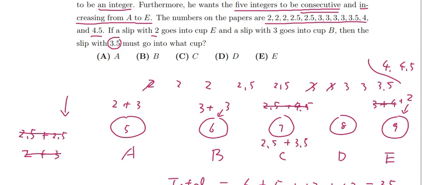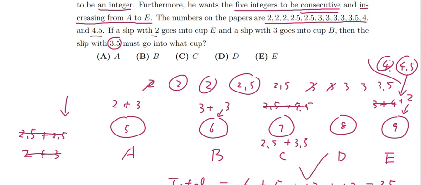Then the other one: we put 2.5, 3, 4.5 here and make 8, which is okay. Then 4, 2, 2 makes 9. So we say this way is okay.